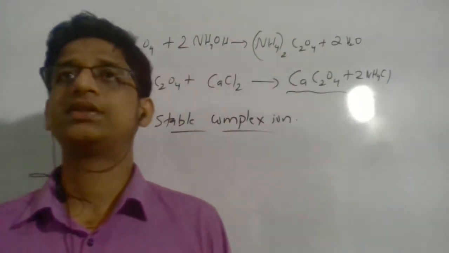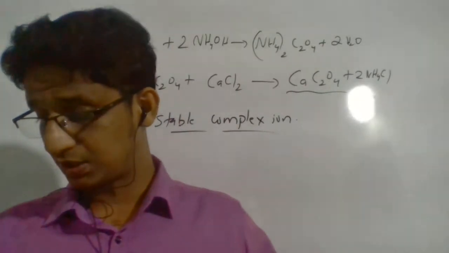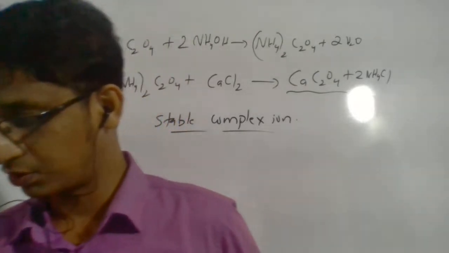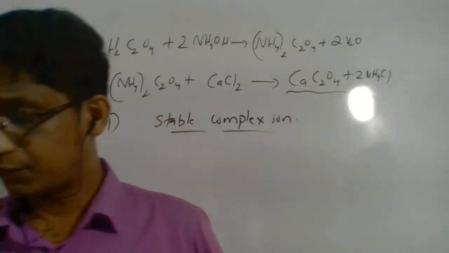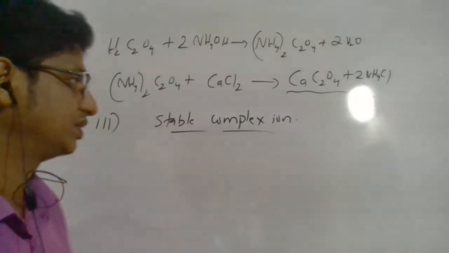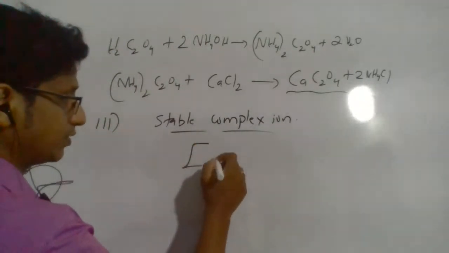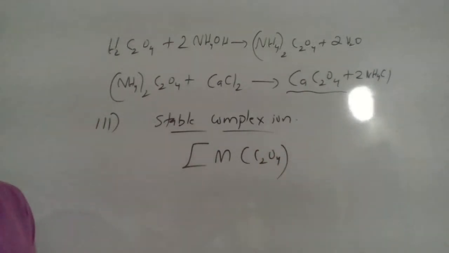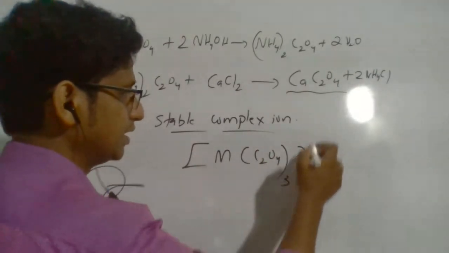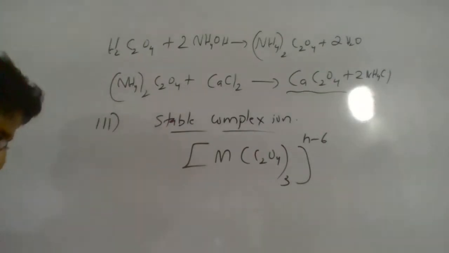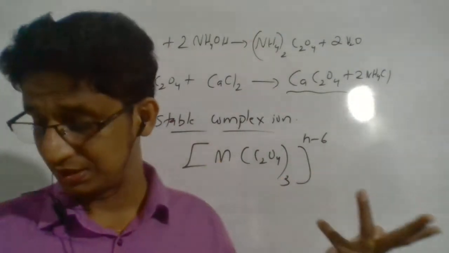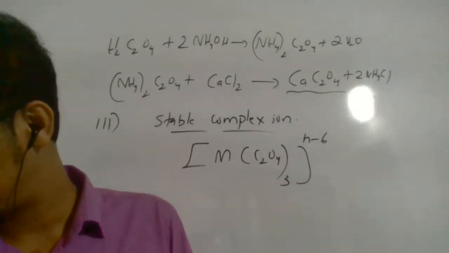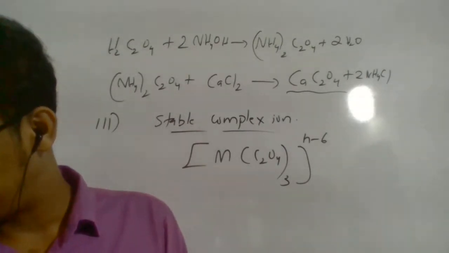So that's the case especially with anions like oxalate, which can form these coordinate compounds. So if oxalate is there, they can form stable coordination compounds like M(C2O4)3 with charge n minus 6. This is a general formula where M represents a metal. This M is a metal. Metal can be cobalt, chromium, manganese, iron, aluminium, etc.